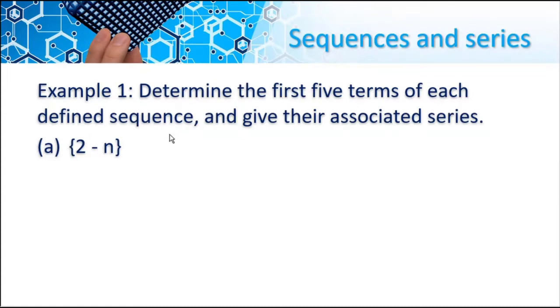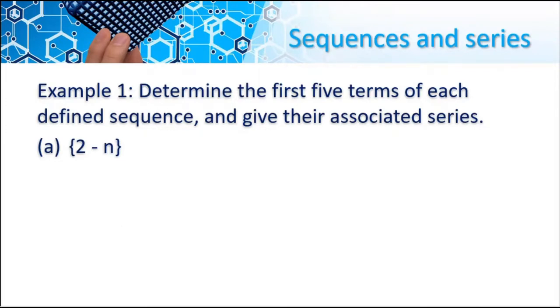So, ang unang gagawin natin, kuhanin natin yung sequence, first 5 terms ng given sets at yung kanyang associated series. Katulad ng letter A natin. Ang nakalagay dito ay the sequence a sub n equals 2 minus n. First 5 terms. So, we start with the first term of the sequence up to the fifth term.